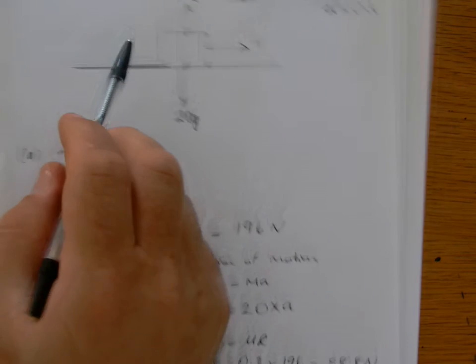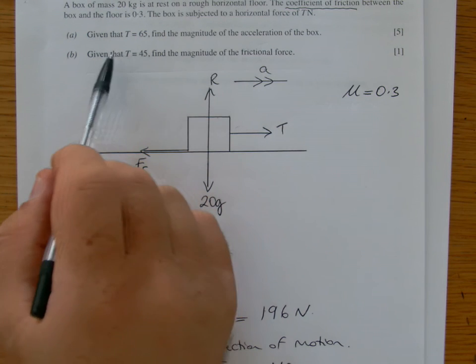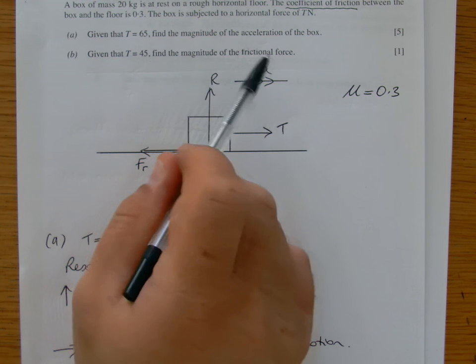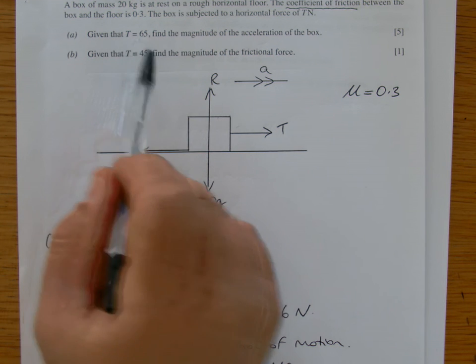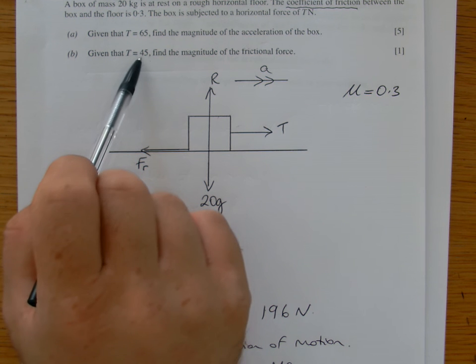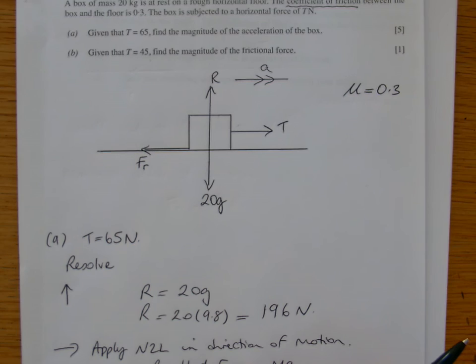Now in B, it's quite interesting, and it's only worth 1 mark, so it's not going to be much work. It says, given that T is 45, find the magnitude of the frictional force. In A, T was 65. Now if you reduce the tension and you're only pulling with 45 newtons, what would be the magnitude of the frictional force?